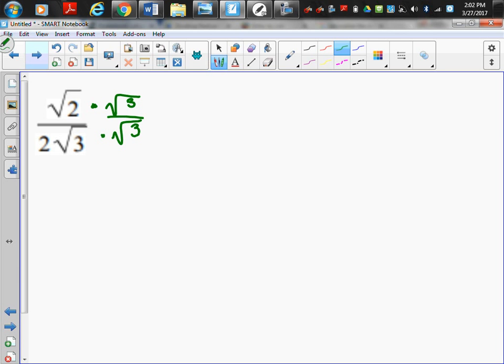Alright. So what number's in front of the square root of 2? That's that understood 1. What number's in front of this? Square root 1 and 1. Alright. So 1 times 1 is? 1. I'll do my root symbol. 2 times 3? 6. Alright.